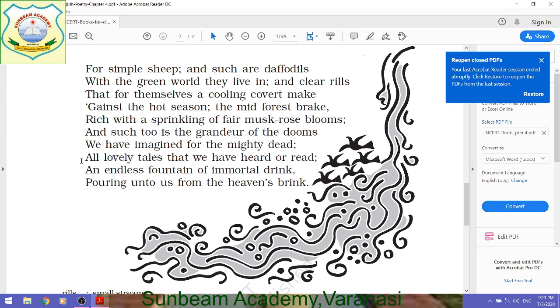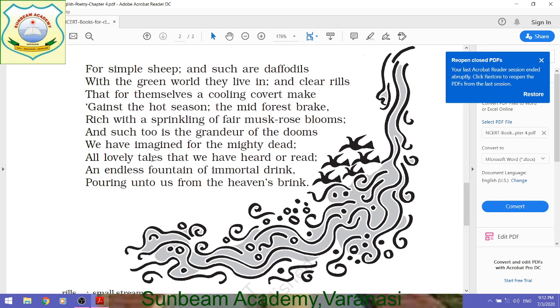Now, in the next line, the poet says all lovely tales that we have heard or read, because there are so many writers and poets who have written so many tales full of moral values and ethics, and they keep on inspiring the present generation and the generations to come.